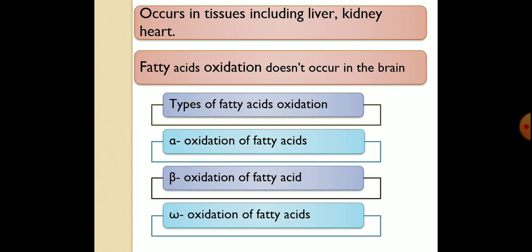Oxidation of fatty acid usually occurs in various tissues and organs including liver, kidney and heart, but it does not occur in the brain. Following are some types of fatty acid oxidation: alpha oxidation of fatty acid, beta oxidation of fatty acid and omega oxidation of fatty acid.